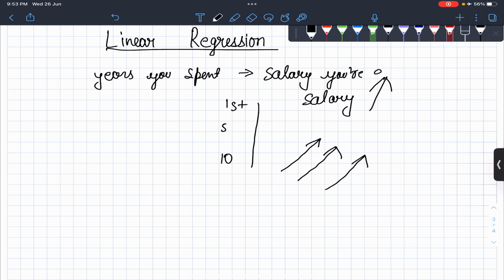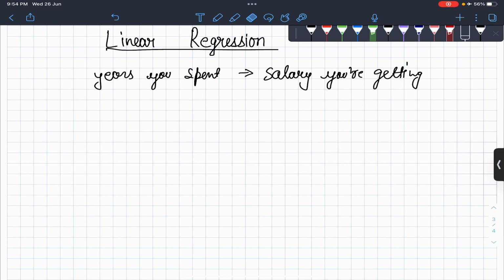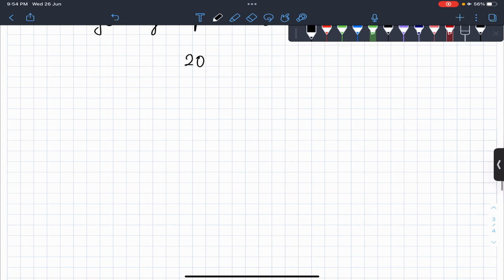We found that your salary increases as your years of experience increase. If a person has spent around 20 years, then his salary would be much more. If he has spent 15 years, 10 years, or 5 years, then his salary would be lower than the person who has spent 20 years.